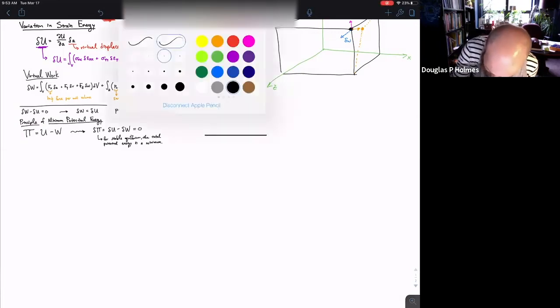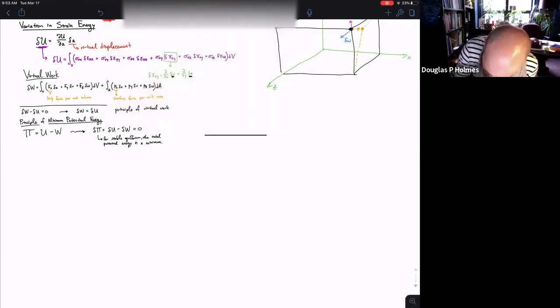I have a ball on the ground, and its gravity is going down. There's a reaction force coming up. This ball is in equilibrium. Now you can do that again, and say, well, I could put that ball in the bottom of a bowl.